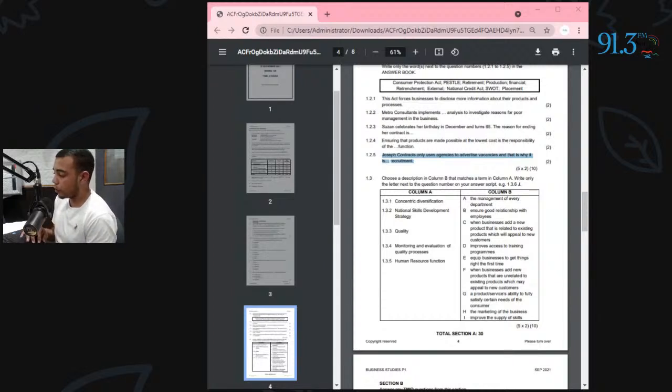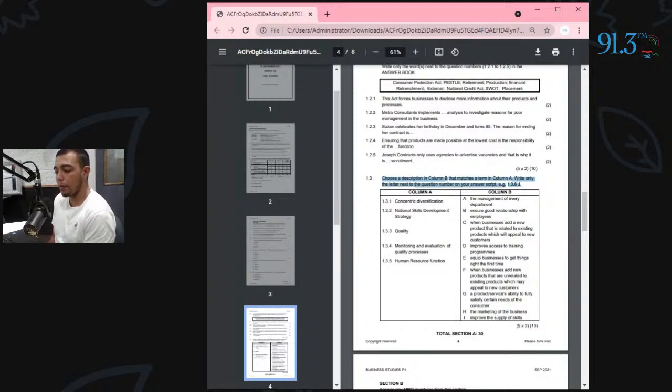We move on to the last section of the day that we would focus on, which is 1.3. So remember, guys, Section A is a total of 30 marks. This is quite easy if you just break the words up when answering the questions. It is not that difficult, and as I said before, just focus on one topic and then study and then read the other topic.